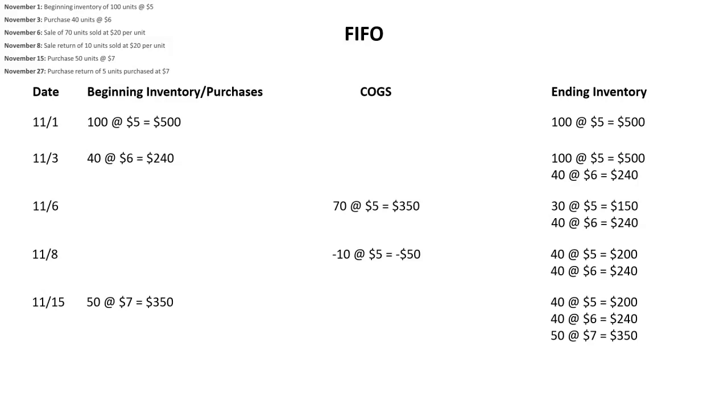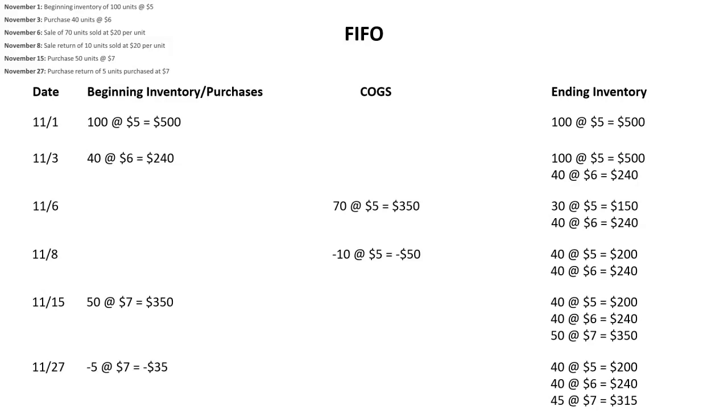Now a purchase return. We're returning 5 of those units that we purchased back on the 15th. So over in our purchases column, we'll write out negative 5 at $7 each for a total of negative $35. And then notice what that does to your ending inventory there in the bottom right corner. It changes the amount of units that you have at $7 each.